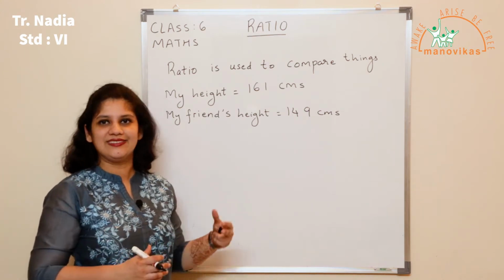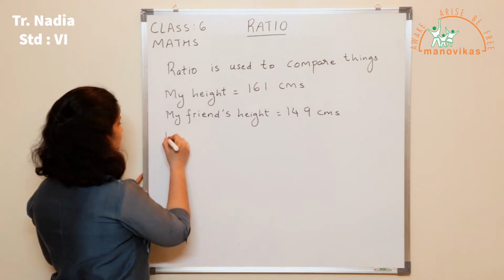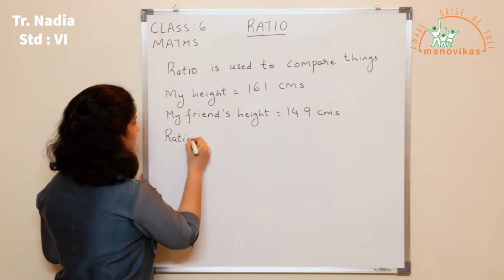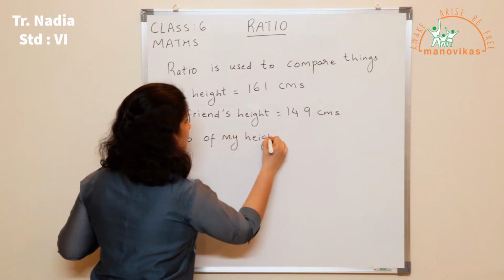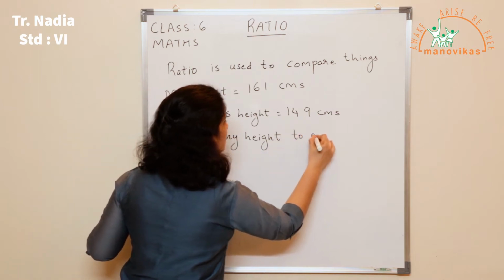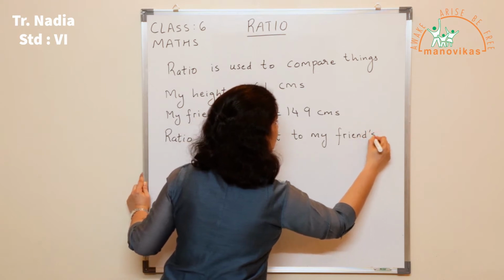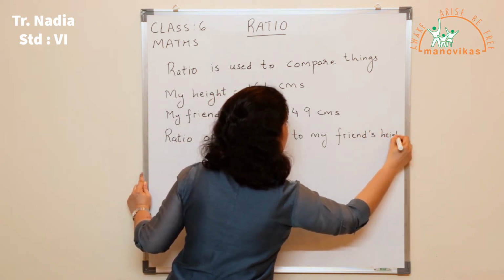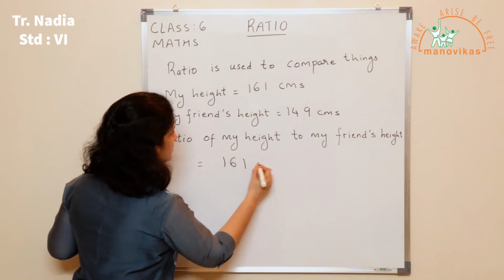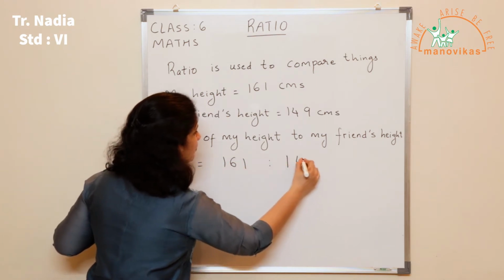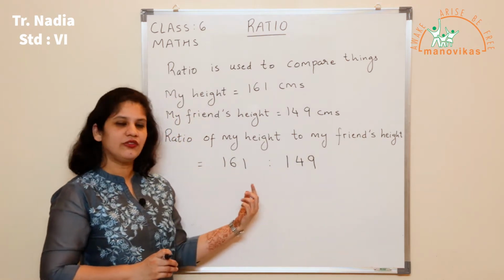Now, how can I write this data with the help of ratio? I will say that the ratio of my height to my friend's height is equal to 161 is to 149. So I have written our heights in terms of ratio.